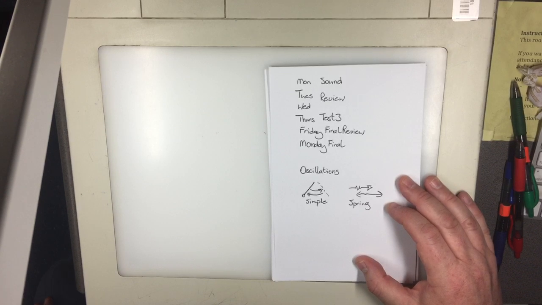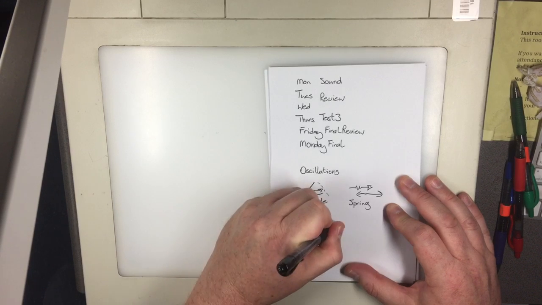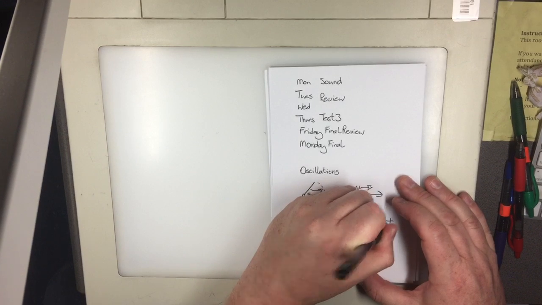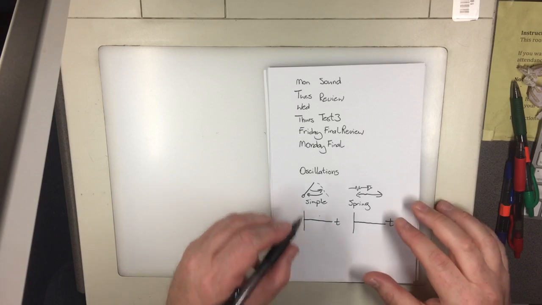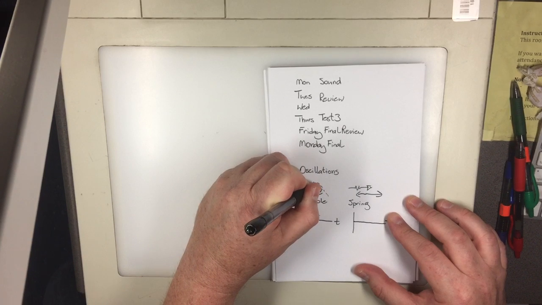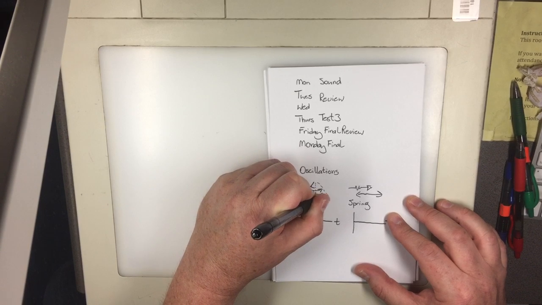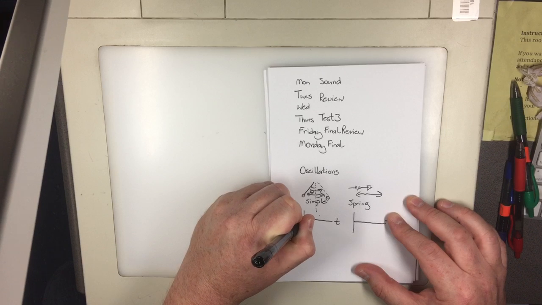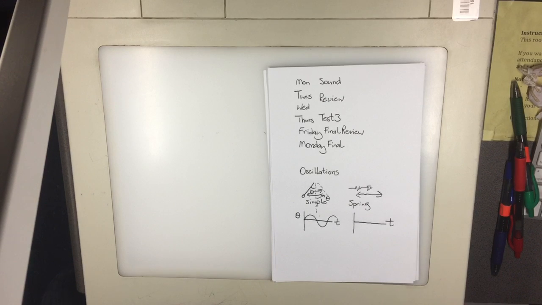With these types of oscillations, if we were to plot it out, they both use time as the horizontal, if we're just thinking about their position. But for a simple pendulum, it's angle theta. So you have the 0 angle, and that's theta, and then that could be theta. And if you measure it as a function of time, it goes back and forth.